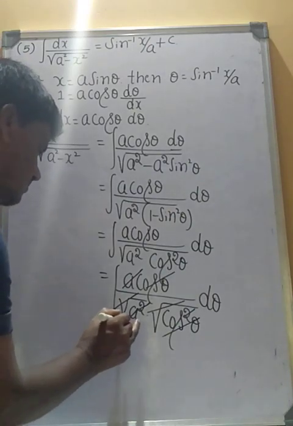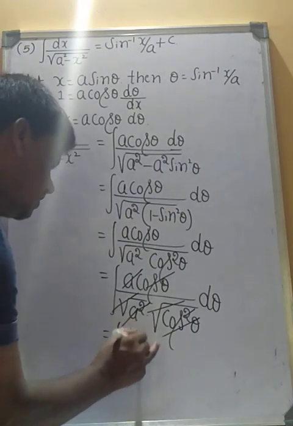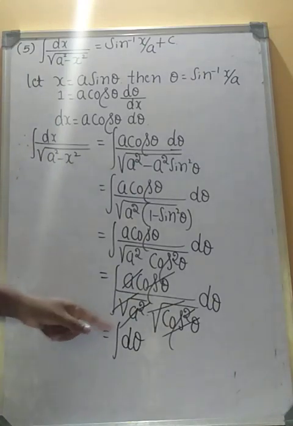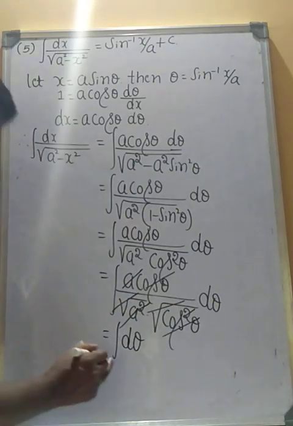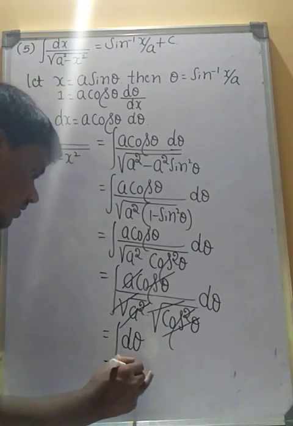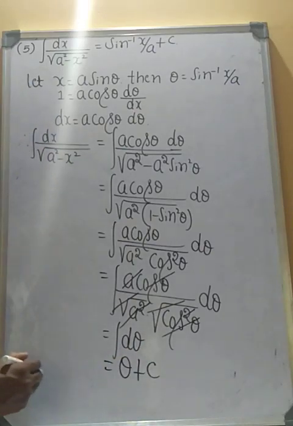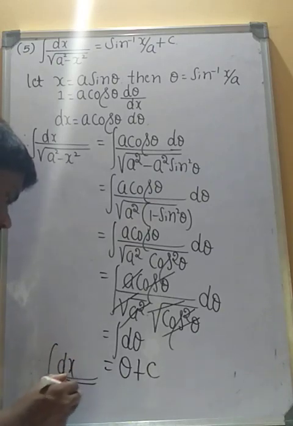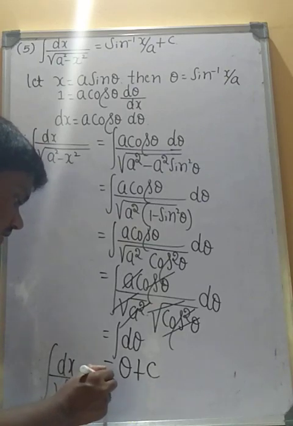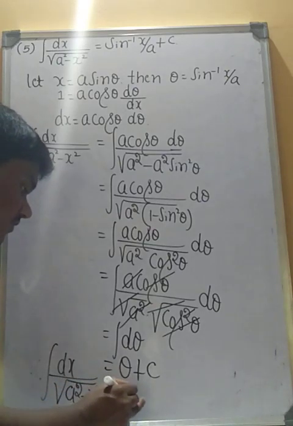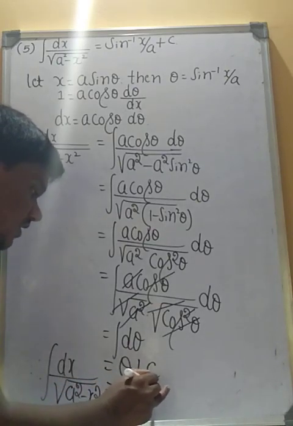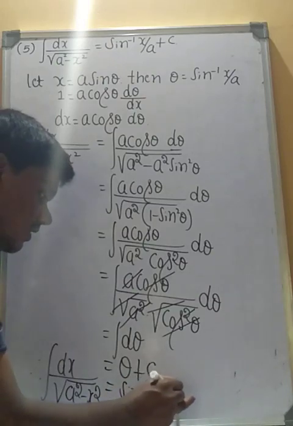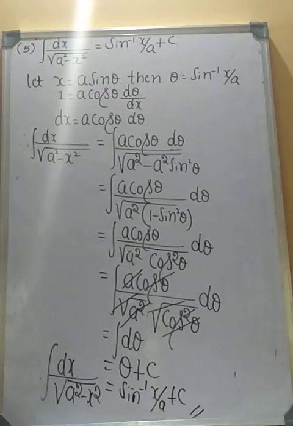That is equal to integral of d theta. What is integral of d theta? That is theta plus c. Therefore, integral of dx divided by root of a square minus x square equals sine inverse x by a plus c.